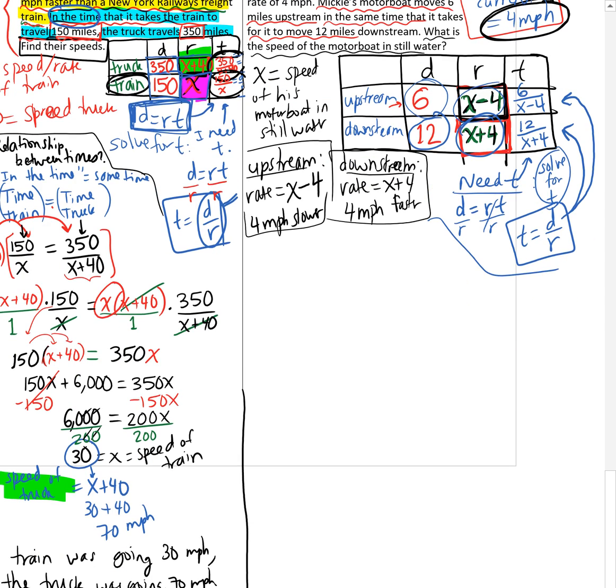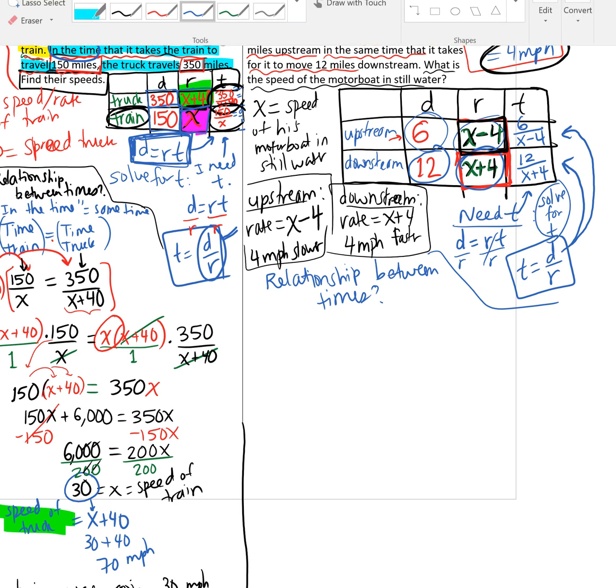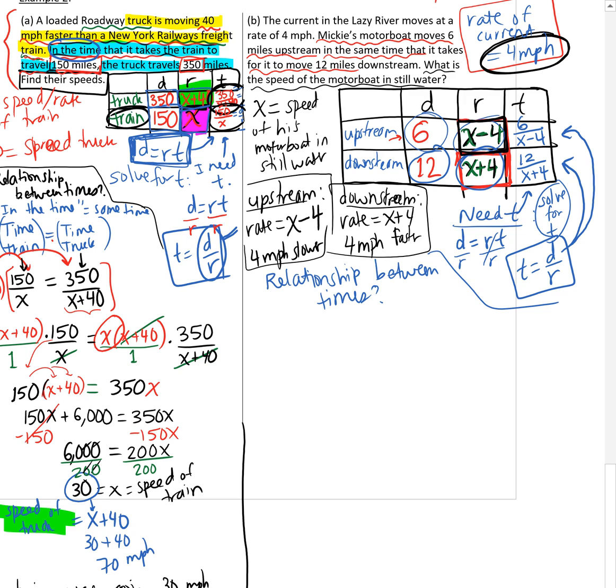Now the last step, they said that they should give us some kind of relationship between these two last things we filled in, which were the times. Let me see. What do they say in this problem? They say the current of the river moves at a rate of 4 miles an hour.